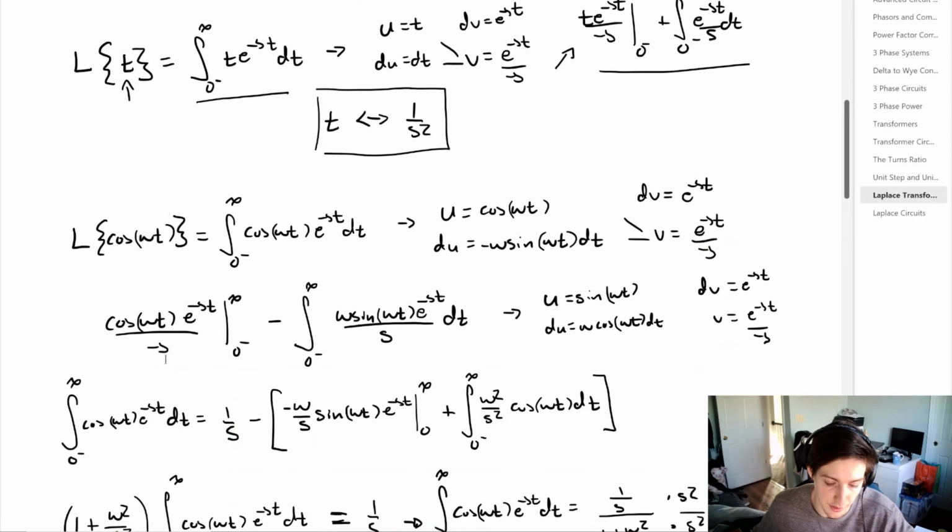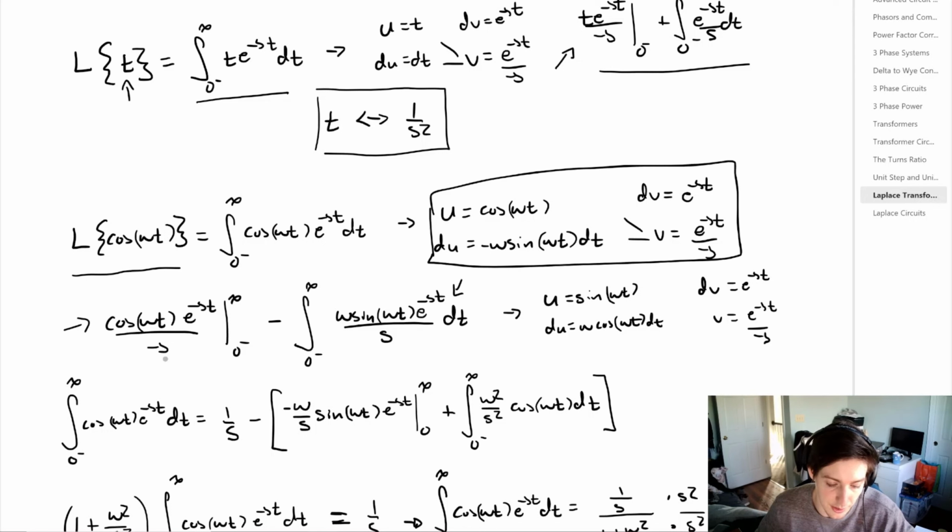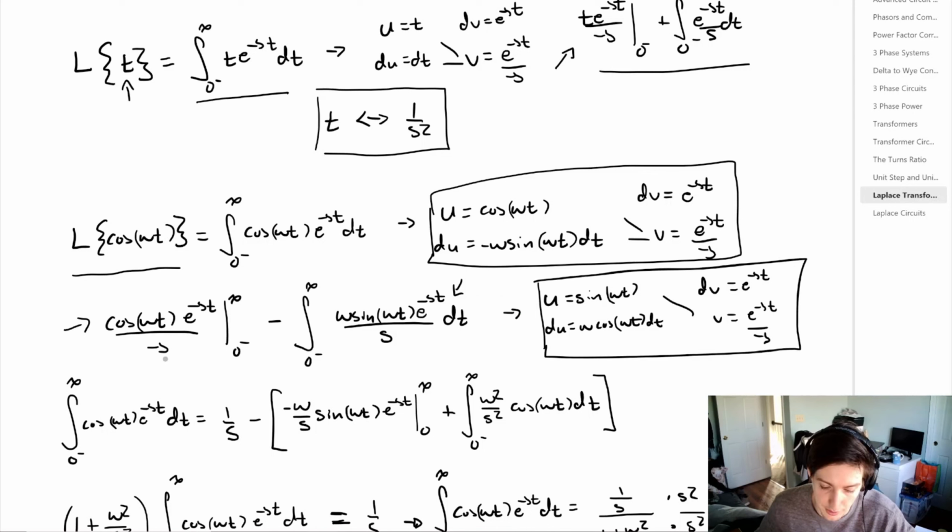So moving on to the next function where we have a little bit more complexity, we're going to look at cosine omega t. So we set up that integral. We have our integration by parts. We can evaluate this left-hand component, keep track of that for later. Then on this right-hand side of the component, we use integration by parts again. So doing that, we simply break up this integral into two parts.